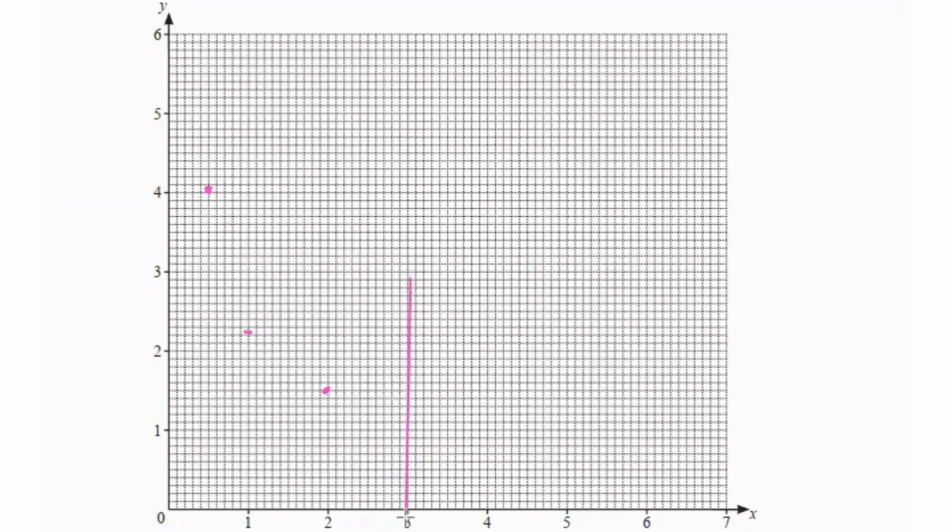This grid is so tiny. 1, 2, 3, 4, somewhere over here. So let's erase this. 4 and 1.5. That is over here. 5 and 1.65.